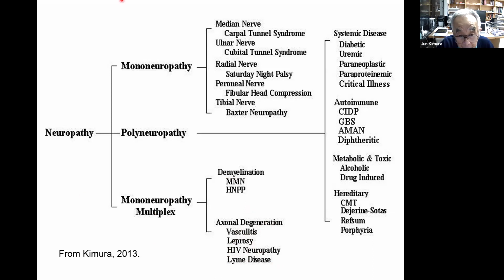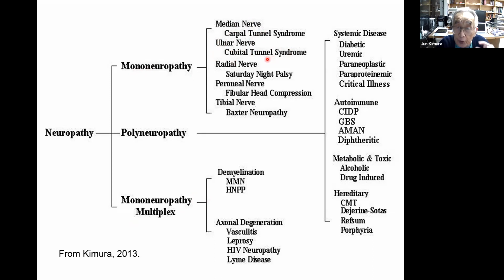This is the classification we use, and let me tell you why we like this classification when we do EMG. That is because when you have a mononeuropathy or mononeuropathy multiplex, the lesion site is very focal. As you know, in carpal tunnel, the median nerve is pinched, compressed at the wrist. And if it's ulnar nerve, cubital tunnel, the nerve is pinched at the elbow.